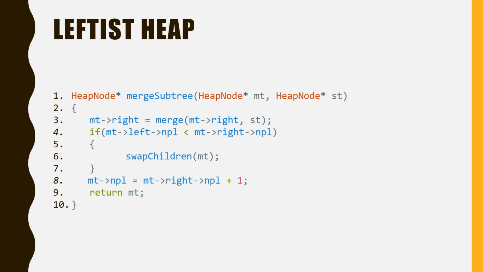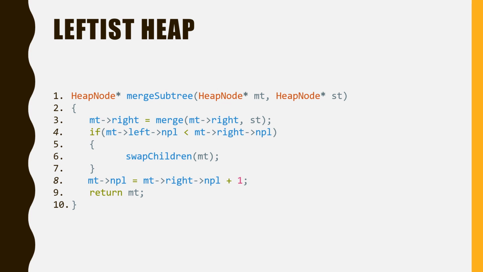The function merge subtree accepts 2 parameters, mt and st. Mt is the root of the main tree, whose right subtree should be merged. St is the root of the subtree, which will be merged with the right subtree of mt.